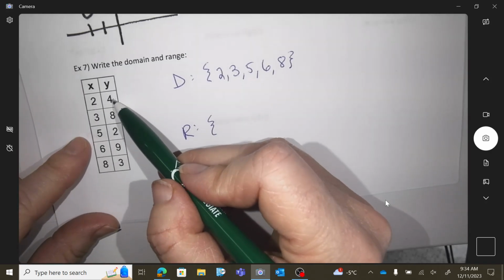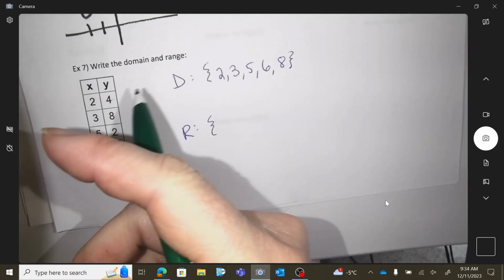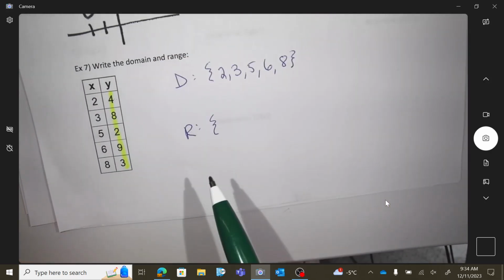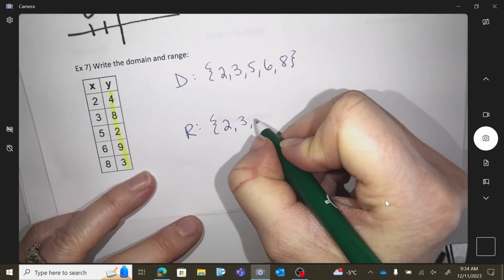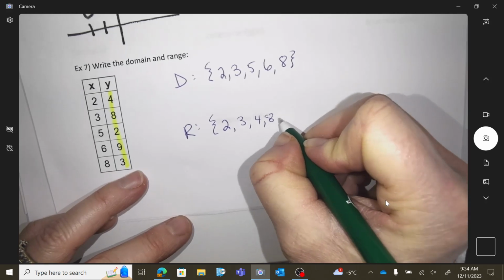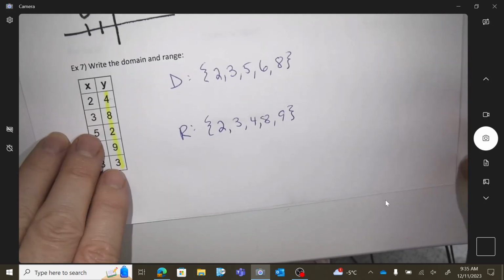I don't want a 4, 8, 2. I want you to try to write these in order. Would I mark you wrong if you wrote them all mixed up? No, but you should write them in an order.